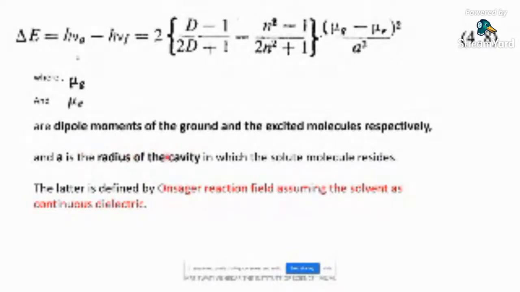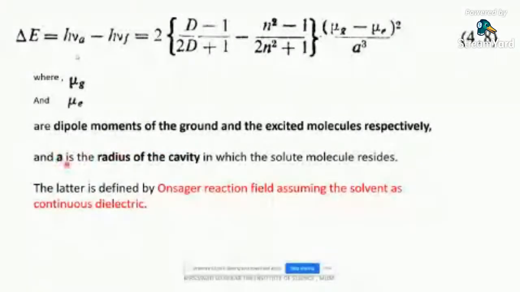For this you can watch my video on collisional quenching and optical quenching. The latter is defined by the Onsager reaction field, assuming the solvent as a continuous dielectric.